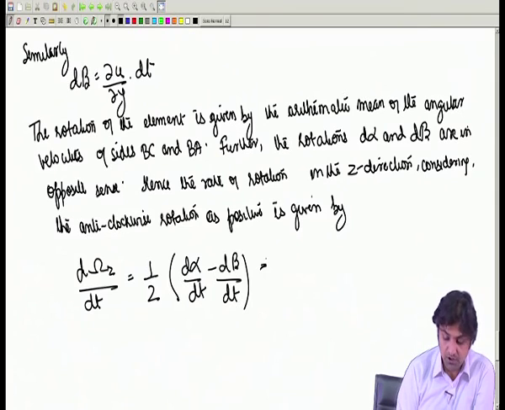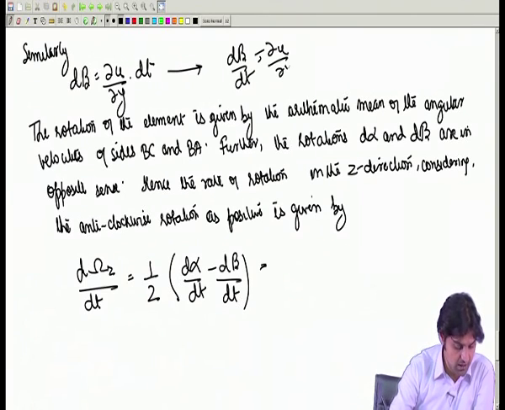Because d alpha by dt and d beta by dt we have found out from the previous, for example, d beta by dt can be written as del u by del y.